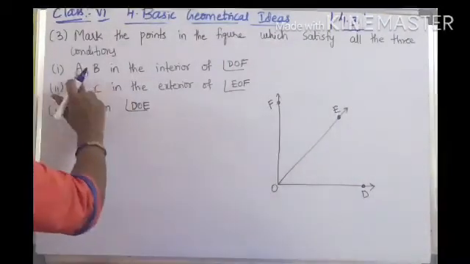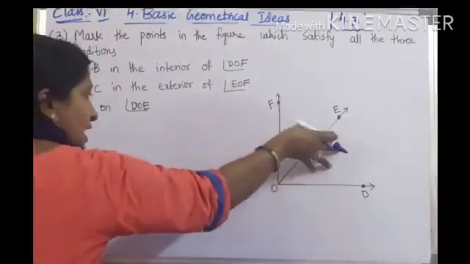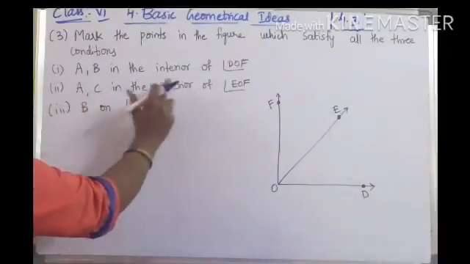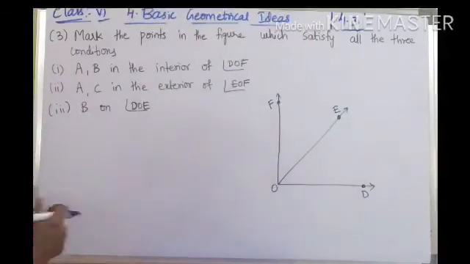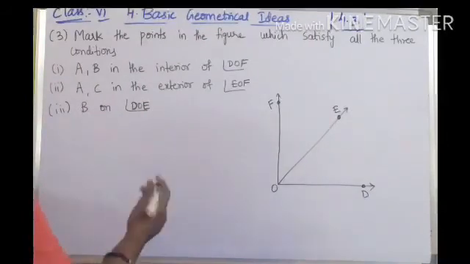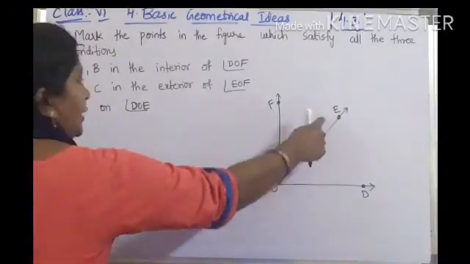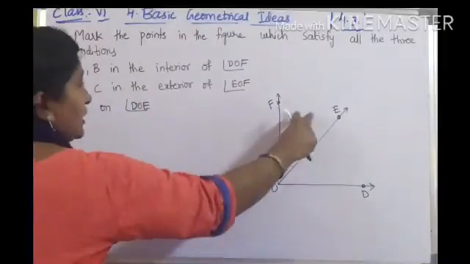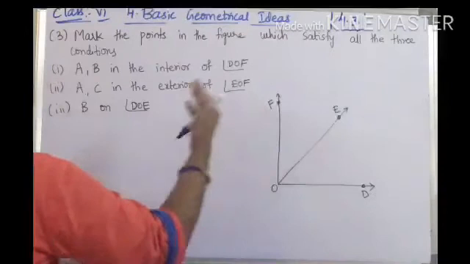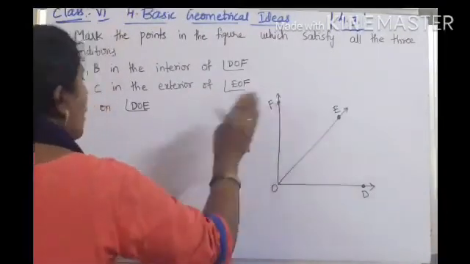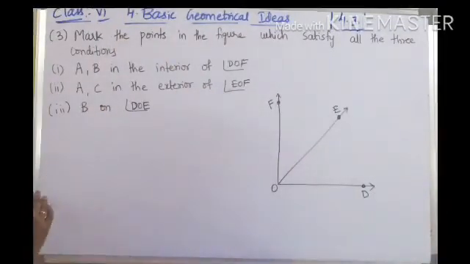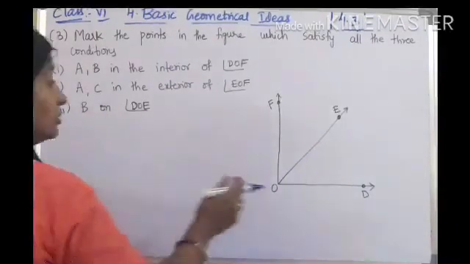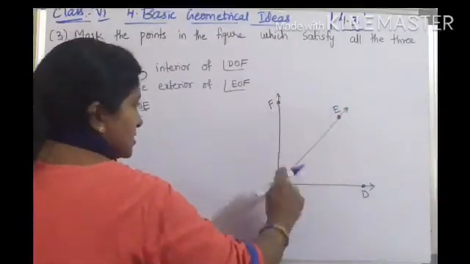We have to mark A and B inside this angle. Next, A and C in the exterior of EOF. Exterior means outside, okay? Here, in EOF, we should mark A and C not in the interior. Exterior of EOF means either this side or this side. Is that clear? Next, B should be on DOE. On DOE means this part.